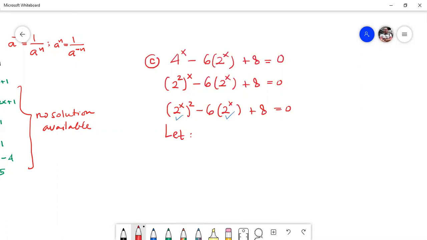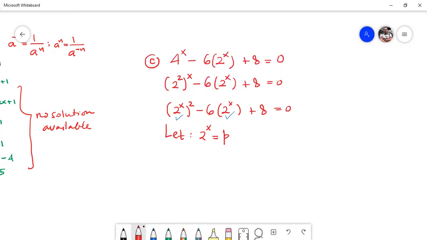In this case, we let 2 to the power of x be p. So basically you can use any other notation as the variable.